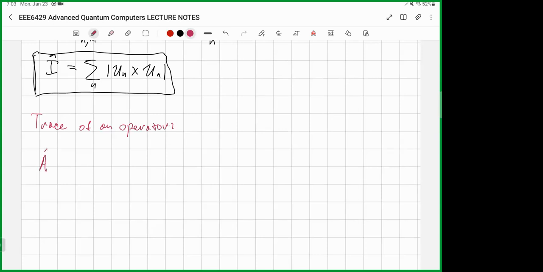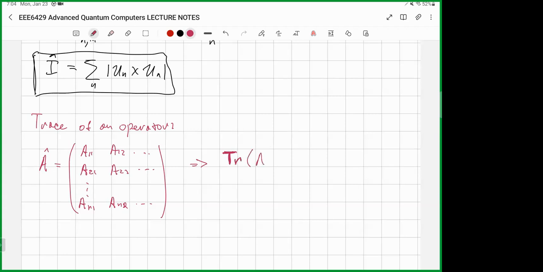For example, operator A with components A11, A12, etc., A21, A22, etc., all the way up to AN1, AN2, etc. So we have this operator, right? The trace is usually denoted by TR.